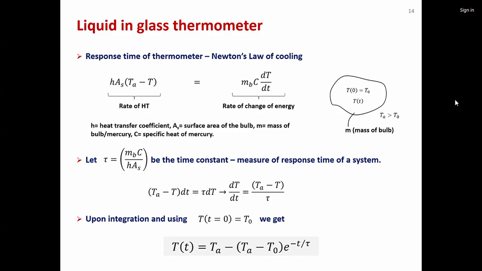So from here, dT by dt, the rate of change of temperature with time, is (TA minus T) over tau. And if you integrate this equation with the fact that temperature at t equal to 0 is T0, then you get this equation. So this is how the temperature of the system is going to change with increase in time.